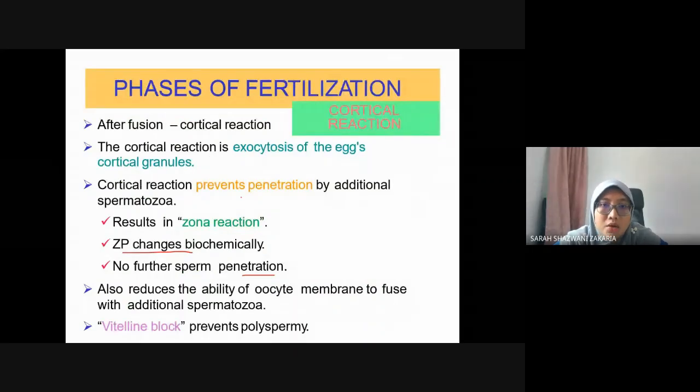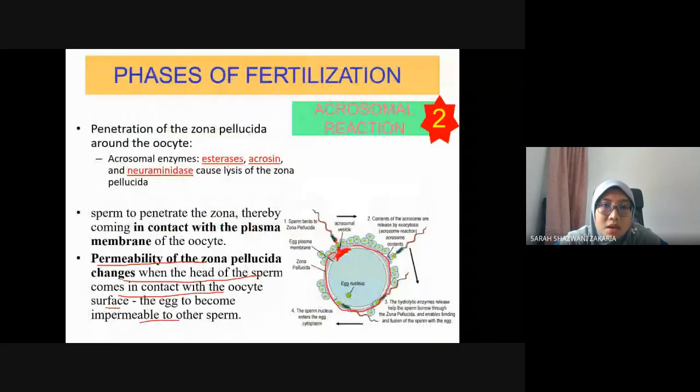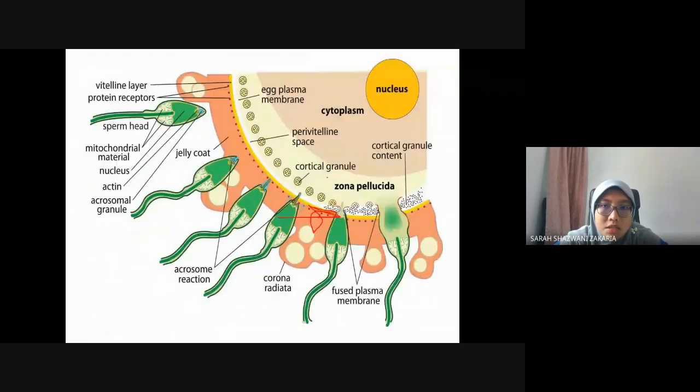This cortical reaction releases many enzymes, the lysosomal enzymes. These cortical granules, or vesicles, release their contents. So this enzyme will make the zona pellucida or Bartholin block.